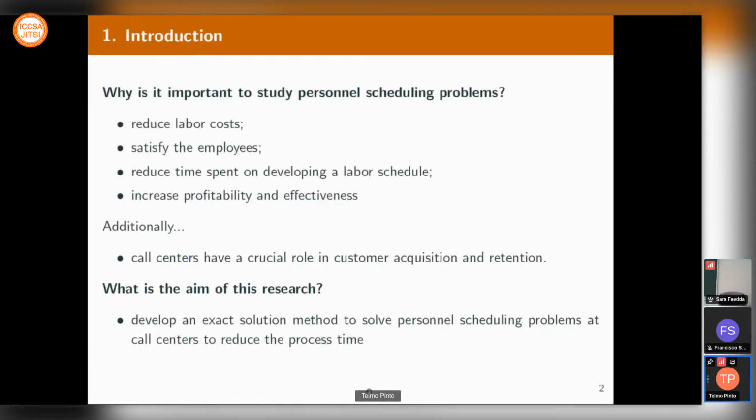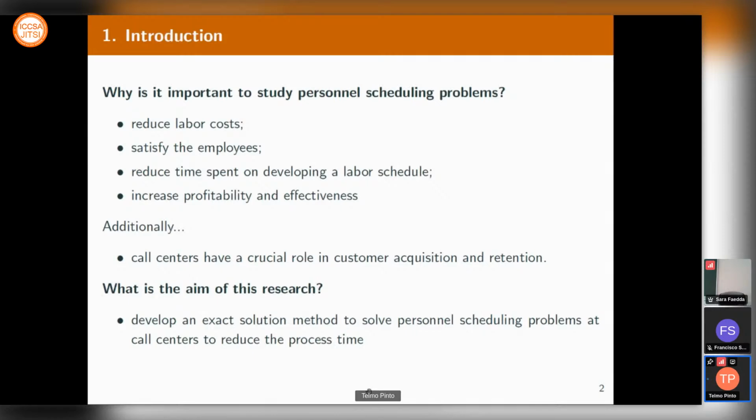Well, why is it important to study personnel scheduling problems? Firstly, it helps in reducing labor costs by efficiently allocating and managing the workforce. Secondly, it aims to satisfy the employees by creating schedules that consider their preferences and needs, mainly their preferences.